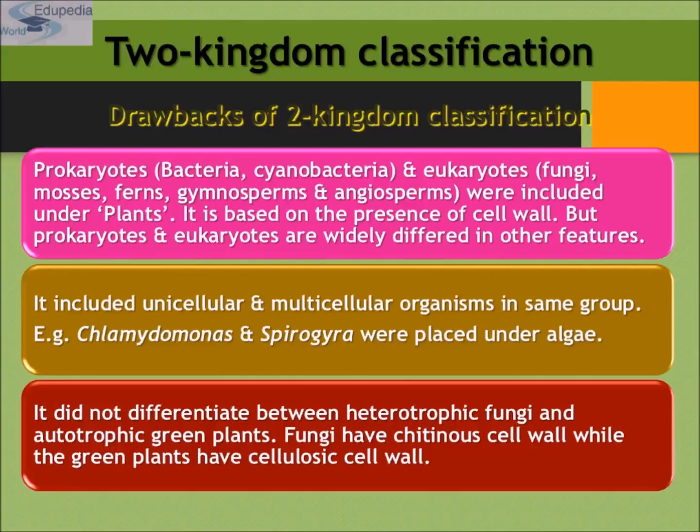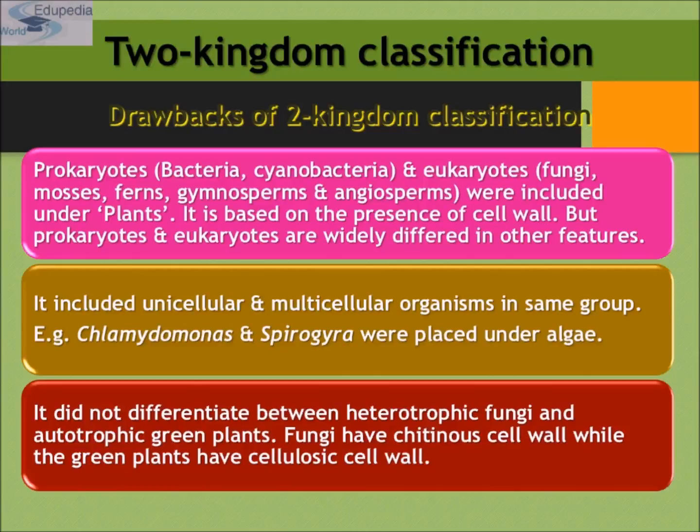And the third demerit is that in the two-kingdom classification, both photosynthetic and non-photosynthetic organisms are placed together in the kingdom Plantae, which is not right. For example, fungi lack chlorophyll and are saprophytic in nature, but they are placed in the plant kingdom. And the fourth demerit is that organisms like lichens do not fall in either the animal or the plant kingdom.